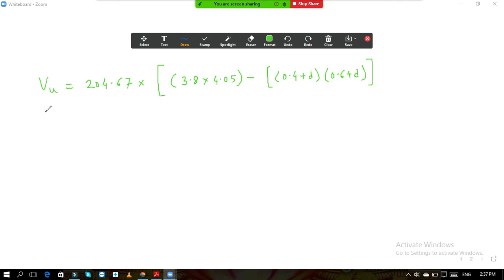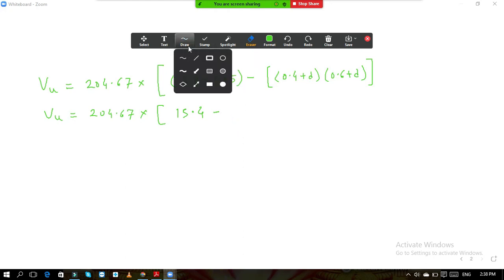So now we need to solve this. So VU is equal to, how much it is? 204.67 into, here in the bracket, how much is this value? It is 15.4. This is 15.4 minus, now solve this bracket. So I will keep the bracket as it is first.